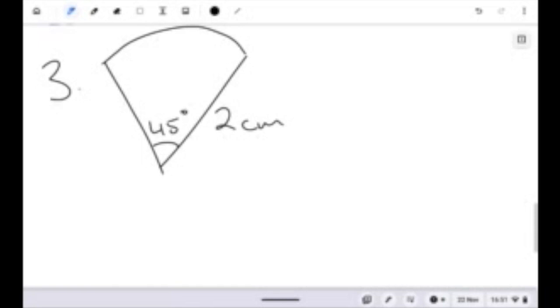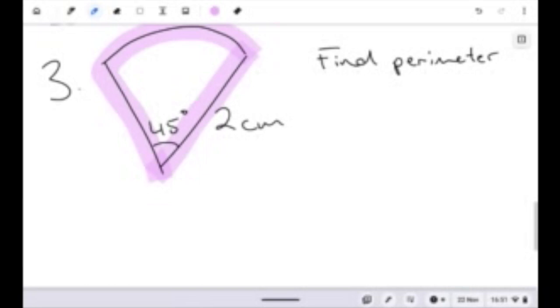Here, I want to not only find the arc length, I want to find the perimeter, the entire border around my shape to here to here. I want to find all of that in total. So I have to consider these two as well, not just my arc length. But we'll start with the arc length because that's the hardest one. We'll do the hardest bit first.